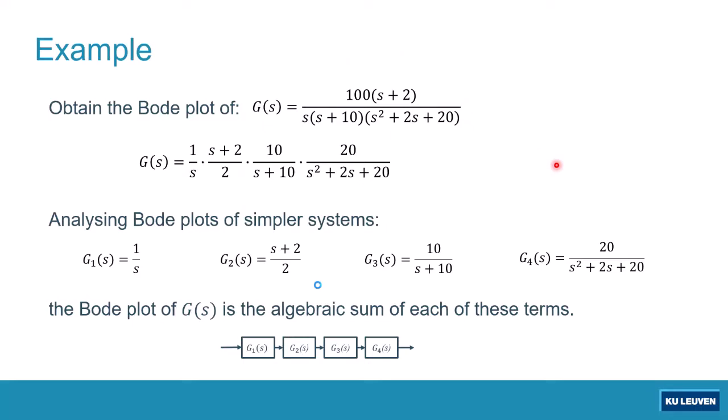Again, as I have already mentioned, I will just assume G(s) equals G1(s) times G2(s) times G3(s) times G4(s), right? I will just assume G(s) is constructed from four simpler systems connected in serial connection.